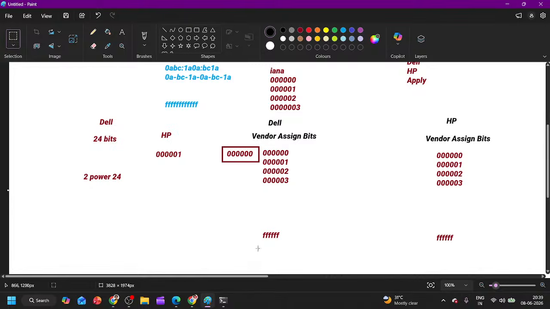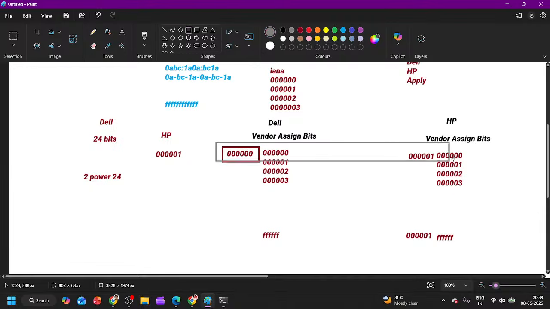Similarly HP is also going to assign all these bits to their vendor assigned 24 bits. And now you can see both companies have the same vendor assigned 24 bits, but their MAC addresses are unique. Like this MAC address and this MAC address, both are unique. How? With the help of the OUI.